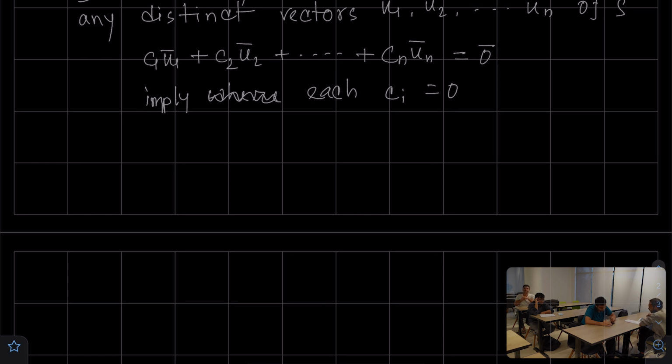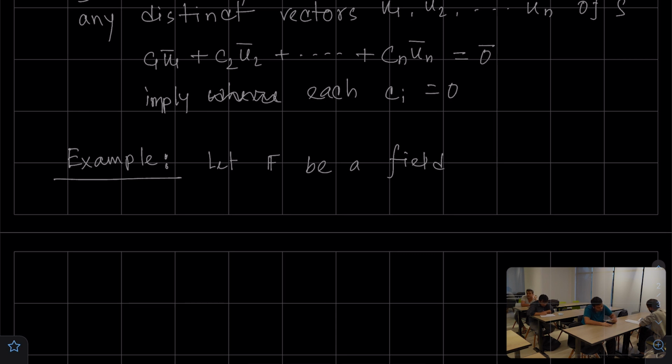Let F be a field, and let S be the subset.